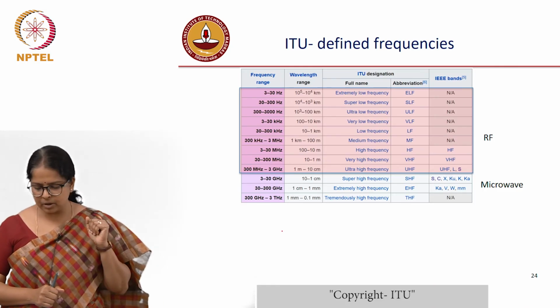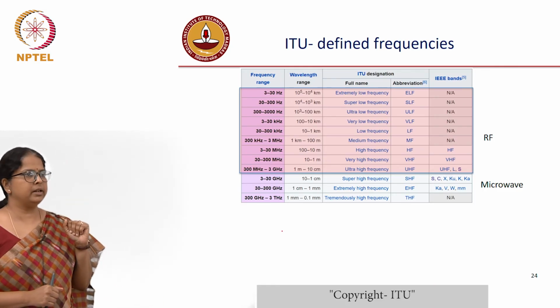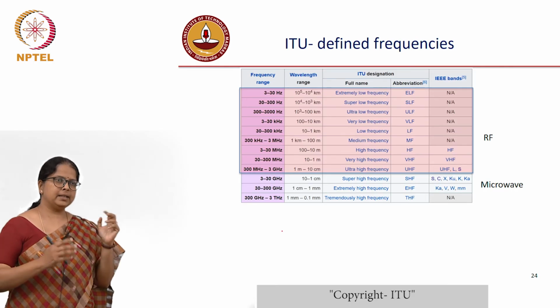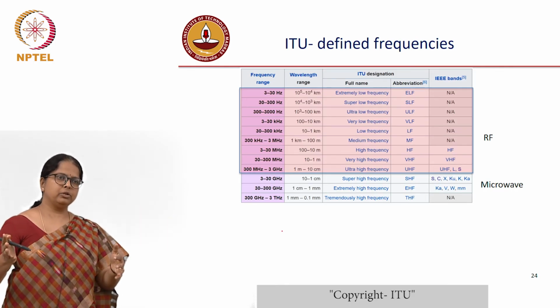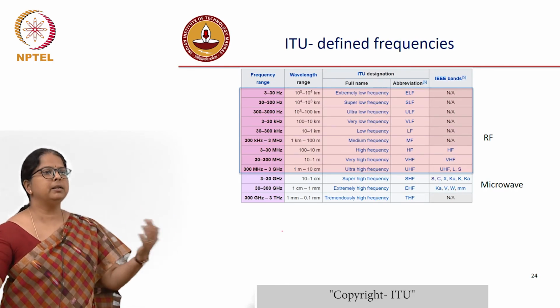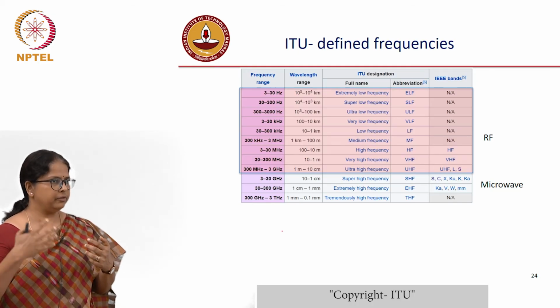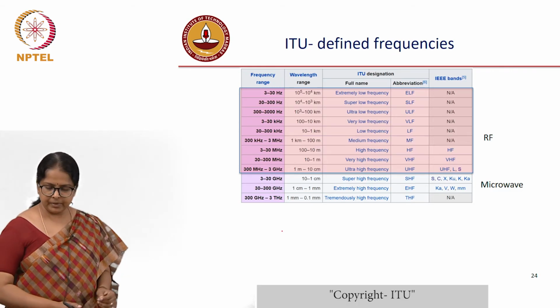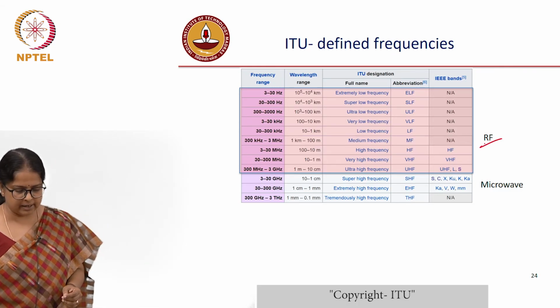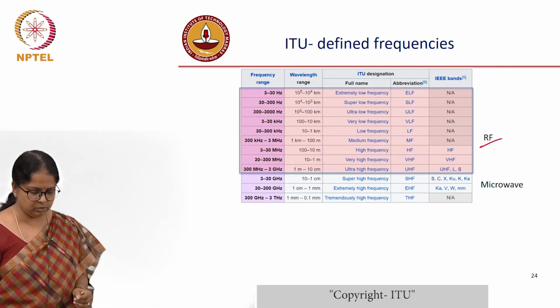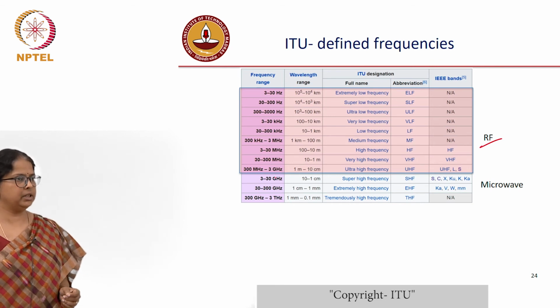And this is a table put out by ITU, the International Telecommunication Union. They say that these are the carrier frequencies that one should use so that there is compatibility between different cellular or different users. So they classify RF as anywhere between 3 hertz to 3 gigahertz.